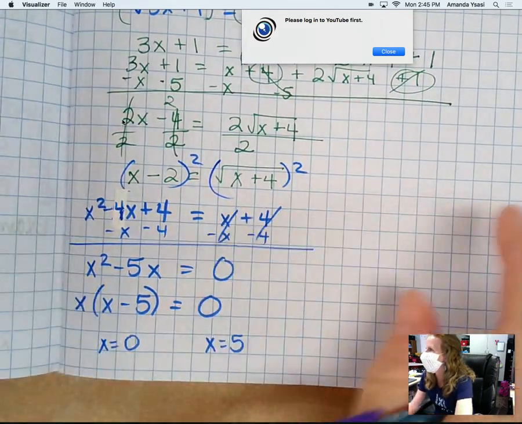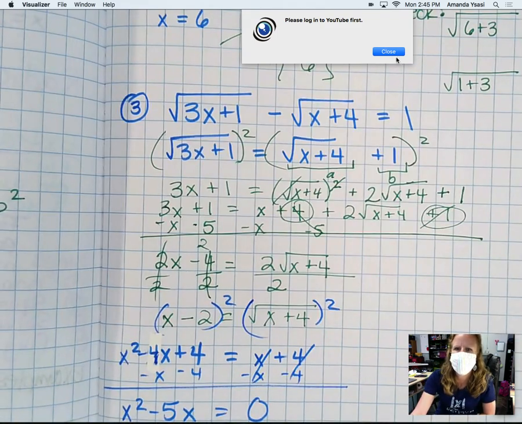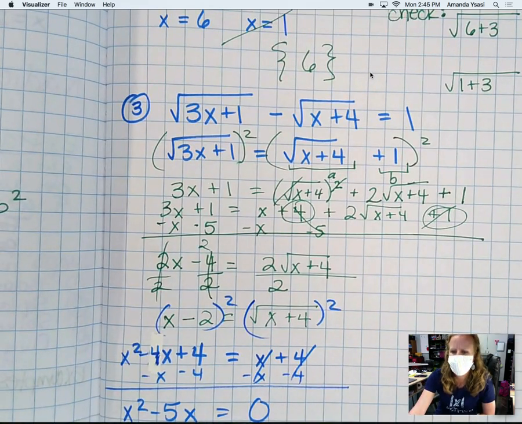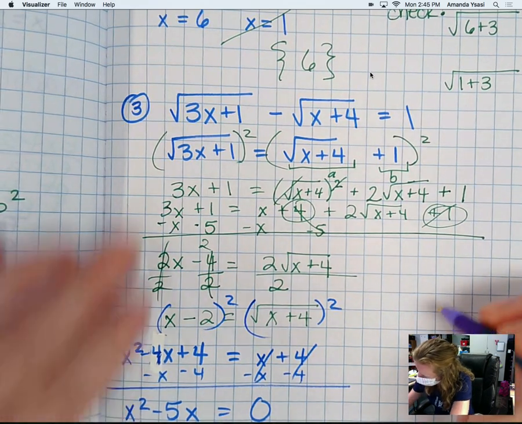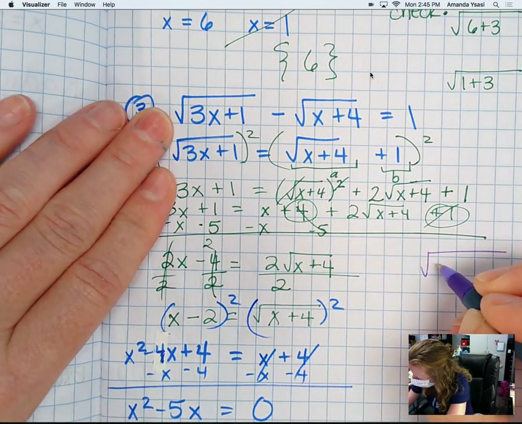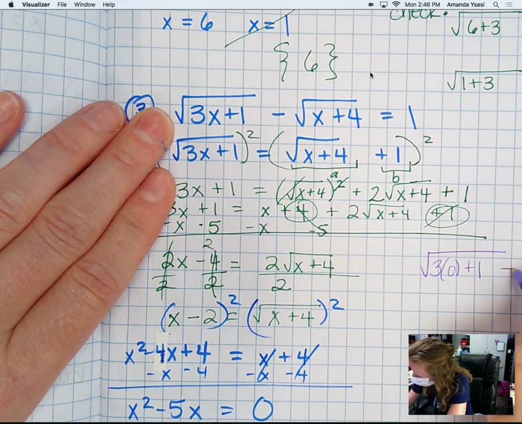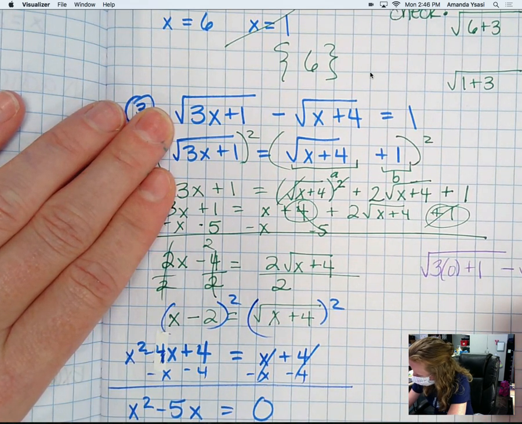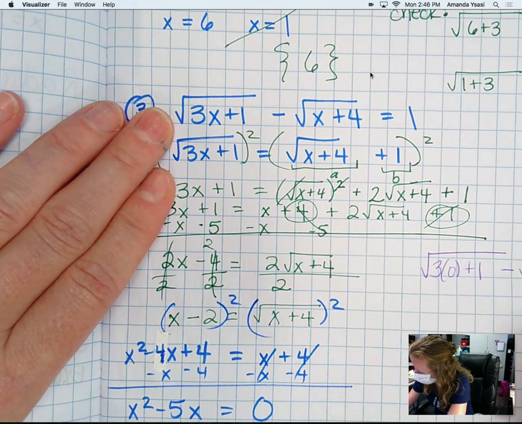And now we need to check them. So we'd need to do square root of 3 times 0 plus 1 minus square root of 0 + 4 equals 1.